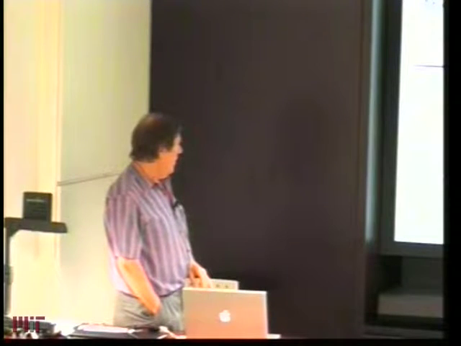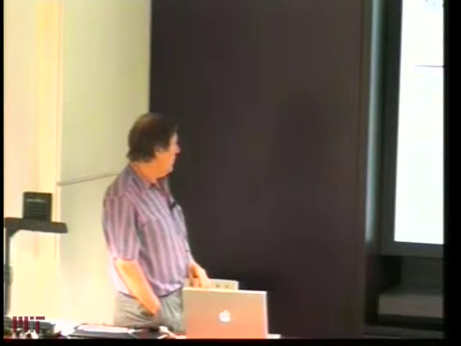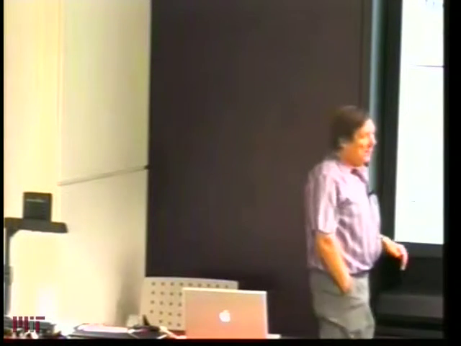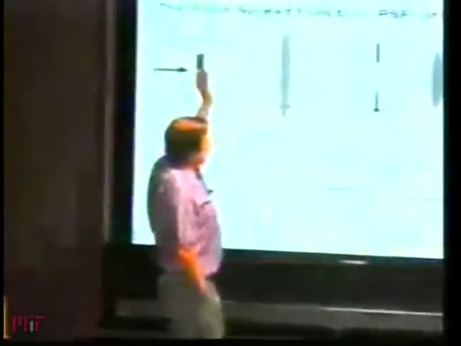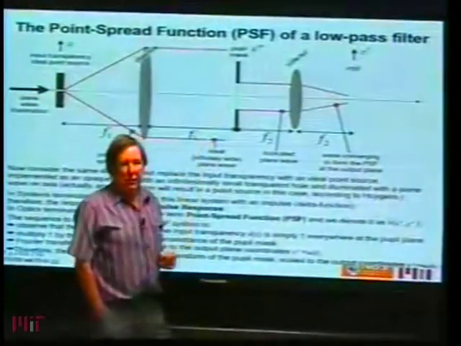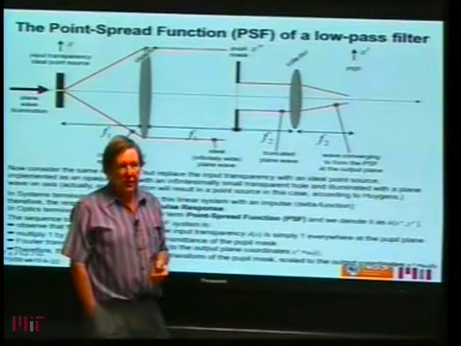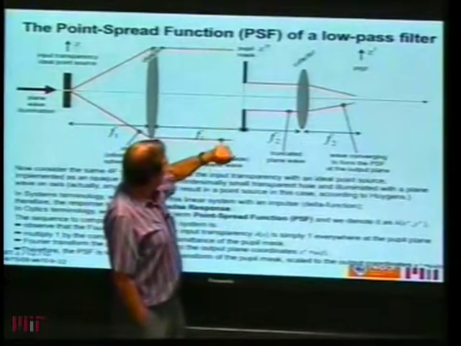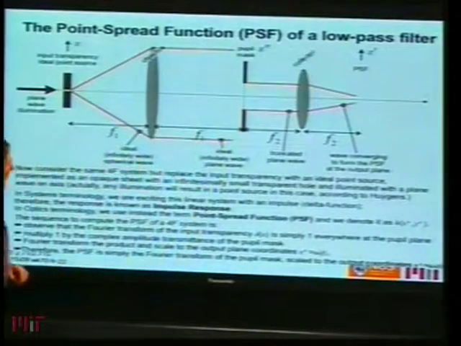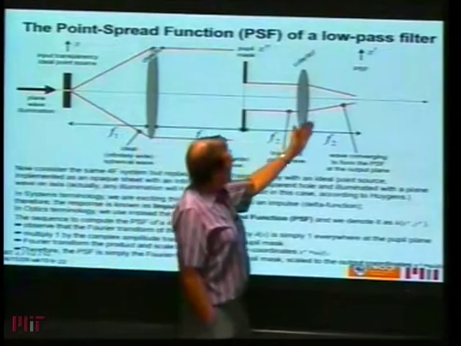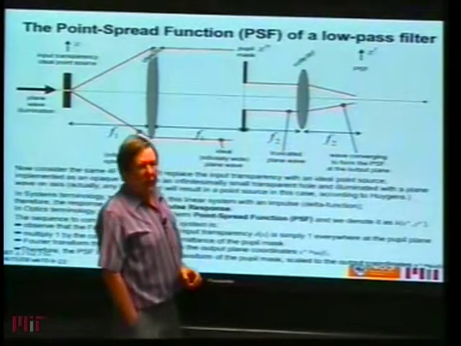Okay, so how do we work out this point spread function? We can again work through this system in terms of Fourier transforms. This is a delta function, so the Fourier transform of a delta function is just a constant. We multiply the constant by the pupil mask. And then we've got another system here which does another Fourier transform.